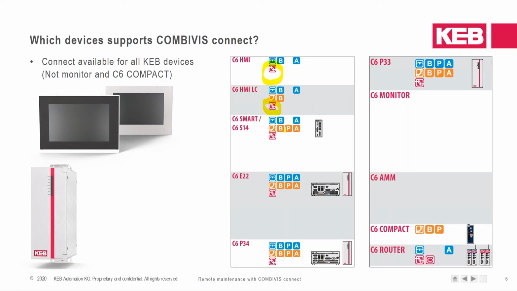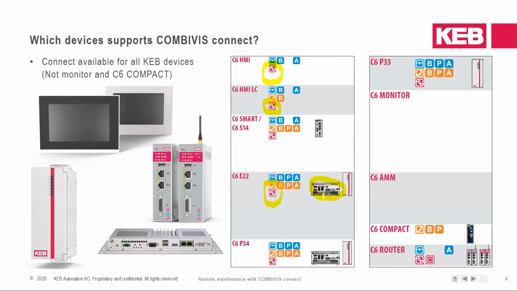Let us look at, for example, a box mount like the E22 or P33. Here we have the chance to use the Connect component. The next is a box IPC. It's the same process, you see it here. For example, there we have the chance for the E22 to use the Connect with the runtime.